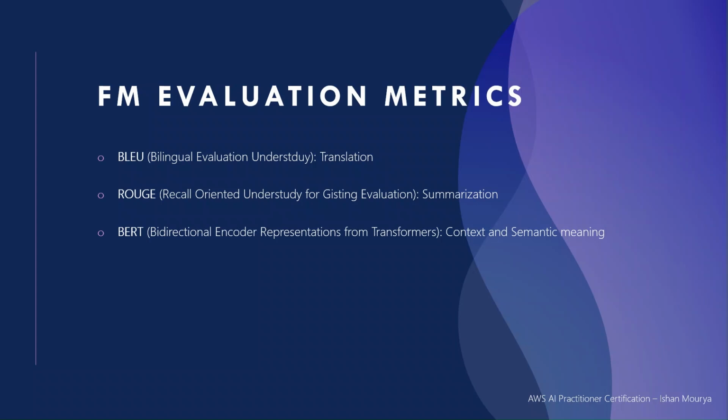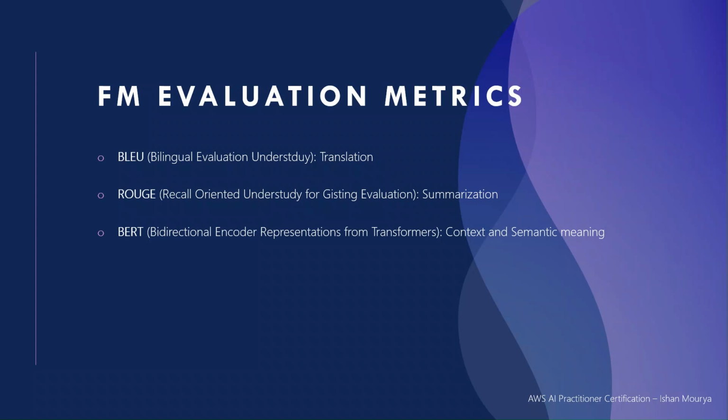But that's not a good way to do it, right? Because human translation can have a different word for meaning the same thing, but the model translation can use a different word, but the meaning would be the same. So in case of BLEU and ROUGE, for such things, we will get a not so good score.